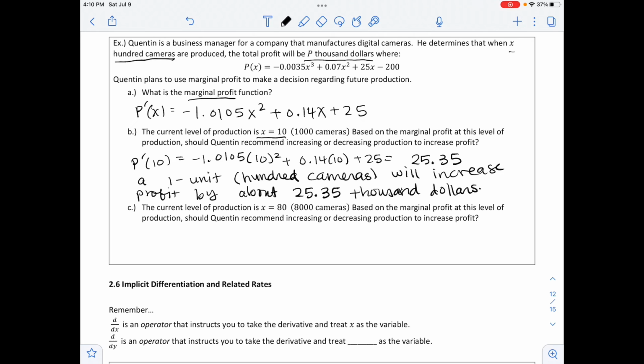And so since this is a positive increase with profit, we're going to say that he should increase production.